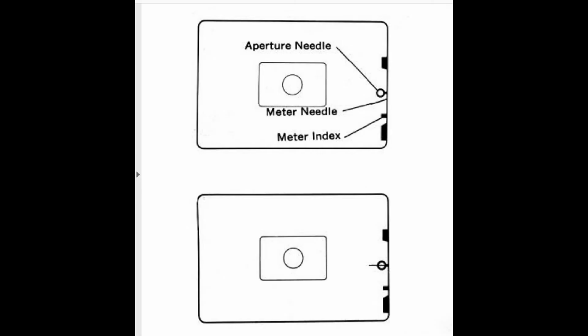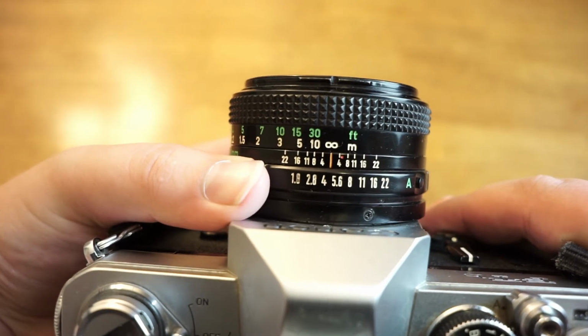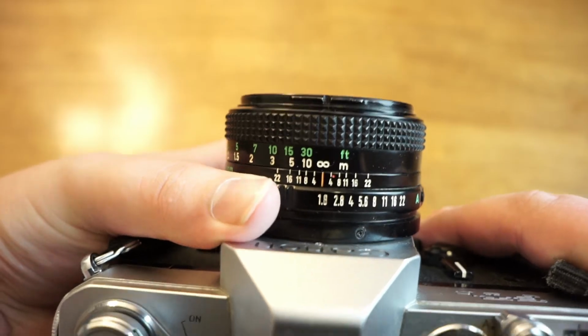So how can you actually tell what information the light meter is giving you to make sure you make good photos that aren't too overexposed or bright or too underexposed or dark? Basically, in the right-hand side of your viewfinder, you'll see two needles. Now, one of them looks like a small circle. That's the aperture needle. When you adjust your aperture, the needle moves either up or down.